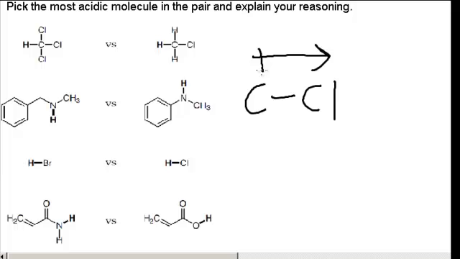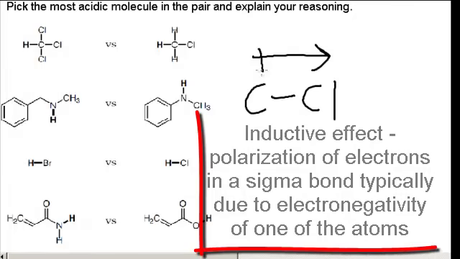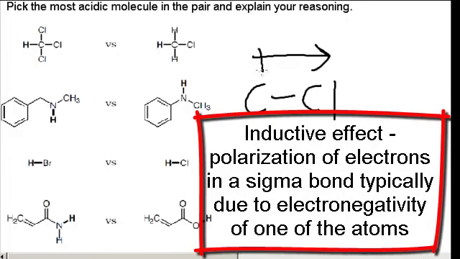So almost think of it like a tug of war of the electrons in that bond between carbon and chlorine. Since chlorine is more electronegative, it wins that tug of war with the electrons in the bond. This fundamental property using electronegativity is called the inductive effect. The inductive effect states that the more electronegative atom can pull electrons toward itself through bonds.